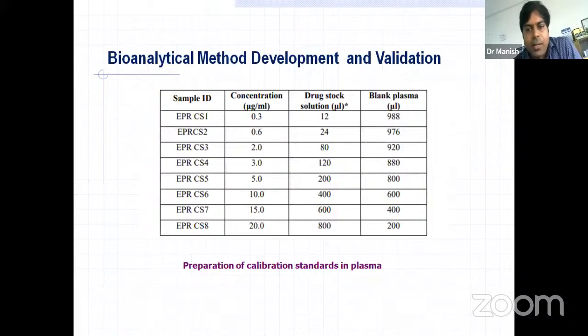So 988 microliters, 976 microliters, 920, 880, 800, 600. So together it should be 1 ml, that is equal to 1000 microliters.